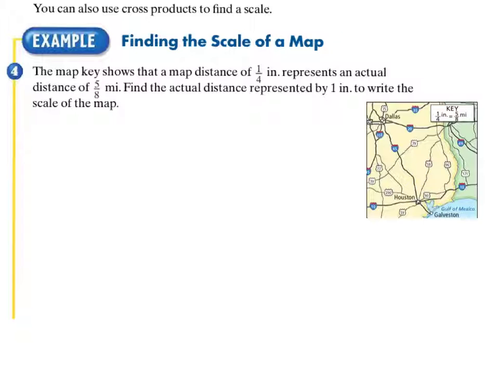You can also use cross products to find a scale. The map key shows that the map distance of 1/4 inch represents the actual distance of 5/8 miles. We want to find the actual distance represented by 1 inch to write the scale of the map.